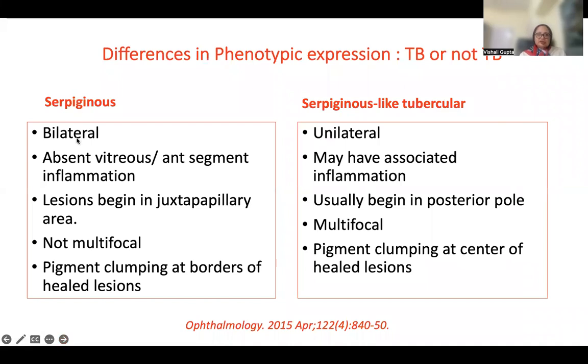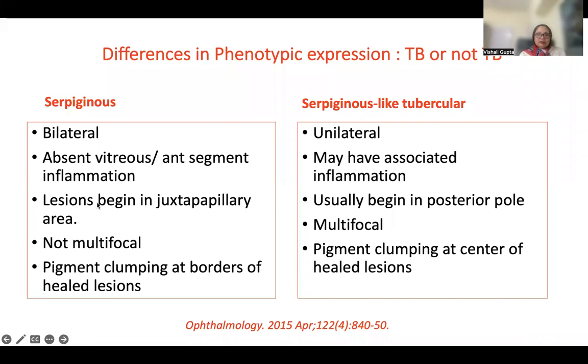The autoimmune serpiginous choroiditis tends to be bilateral, whereas TB tends to be unilateral. Serpiginous has absent vitreous or anterior segment inflammation, whereas TB may have inflammation in the vitreous or in the anterior segment.